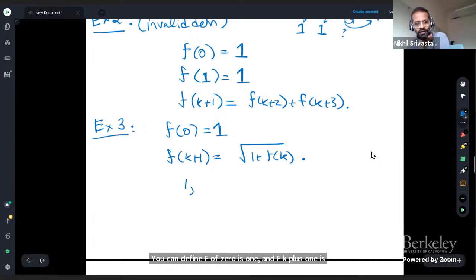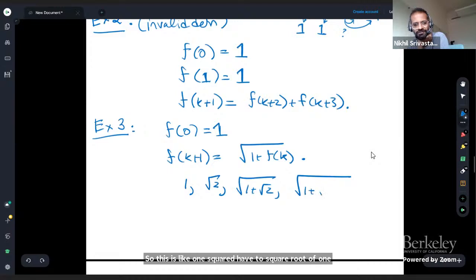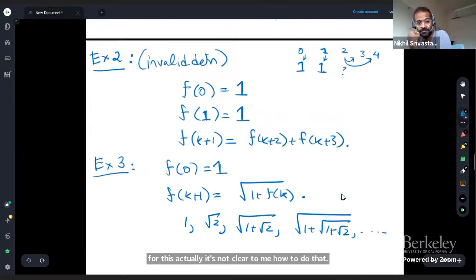So this is like 1, square root of 2, square root of 1 plus square root of 2, square root of 1 plus square root of 1 plus square root of 2, etc. It's kind of a pain to write out a formula for this. Actually, it's not clear to me how to do that. But this is a perfectly valid definition of a function on the non-negative integers.